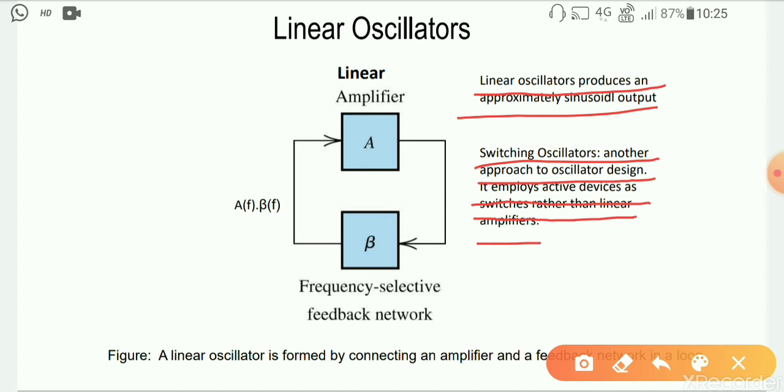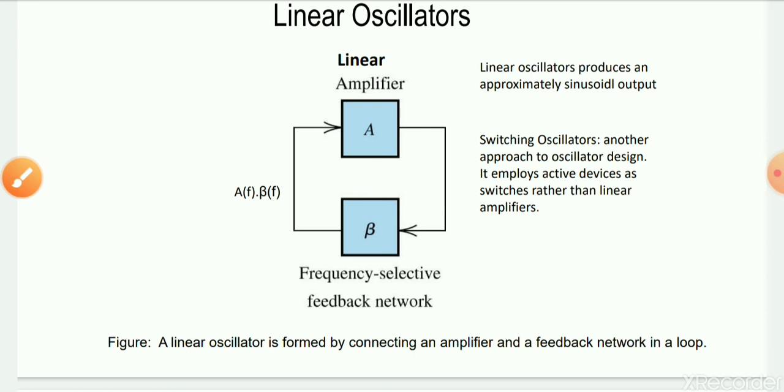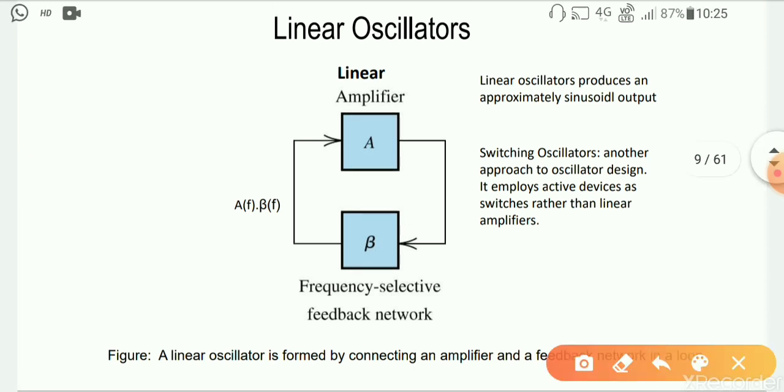So I think this is an important point. Again, I just repeat that the linear oscillator can generate an approximately sinusoidal output, and the switching oscillator employs the active device as a switch rather than a linear amplifier.